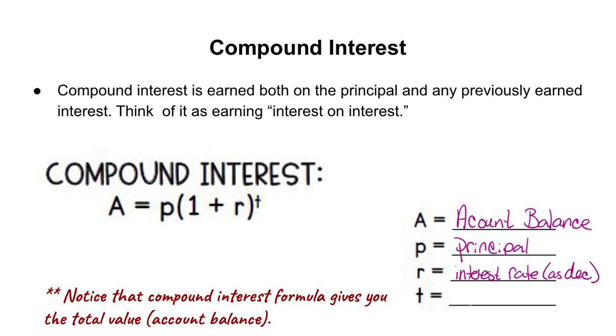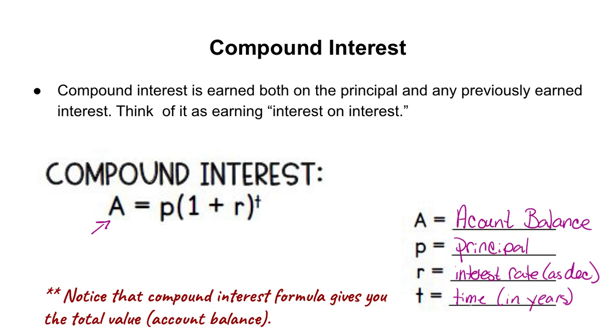So A is account balance, P is principal, r is the interest rate or just rate as a decimal, and t is the time, again in years. So when we figure this out, we will get the total account balance, how much money is in the account.